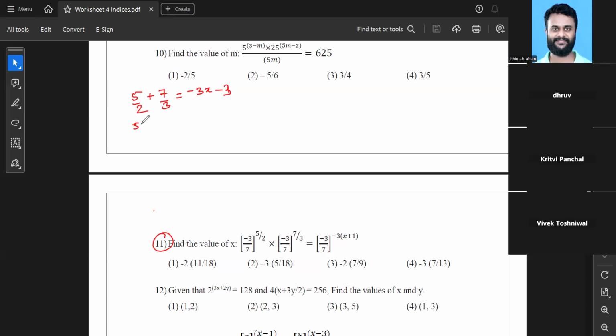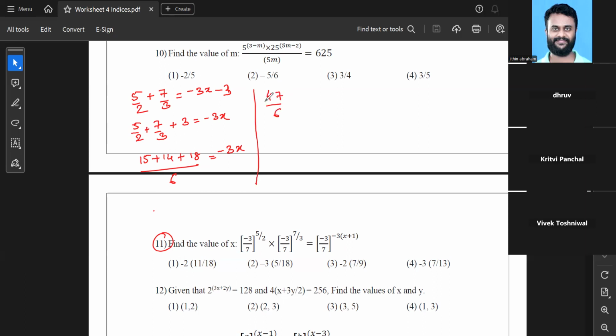So I'll write 5 by 2 plus 7 by 3 plus 3 is equal to minus 3x. Now when I take LCM, this goes 15 plus 14 plus 18 divided by 6 is equal to minus 3x. So when I add everything, I get 15 plus 14 is 29, 39, 47.